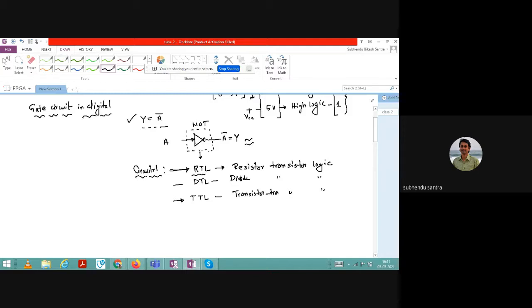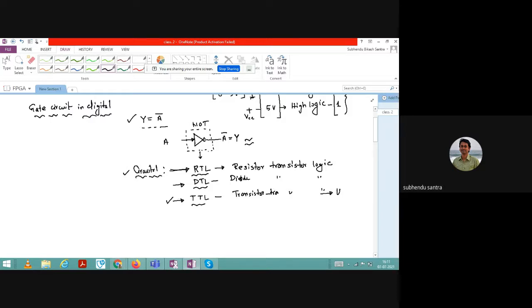Let us say it is a resistor transistor logic. If you use it, you basically have larger power dissipation and the operating speed is lower. People have already tested this. If you compare it with diode transistor logic and transistor transistor logic, out of these three options to generate a circuital model, the TTL logic circuit is universally used.